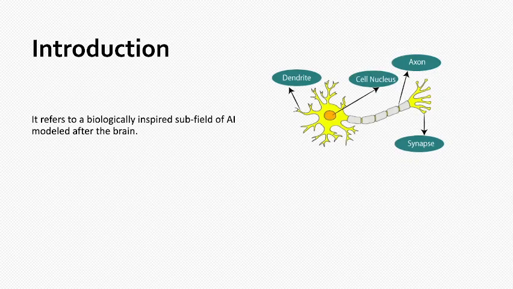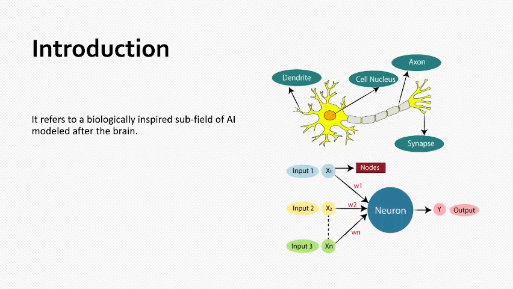Where does the ANN come from? It refers to something biologically inspired by the human brain. The goal of ANN is to develop something that can think like a human. It is inspired by the human brain, which consists of a number of neurons. Twenty years ago, it was very difficult to imagine that one day AI would perform like a human.